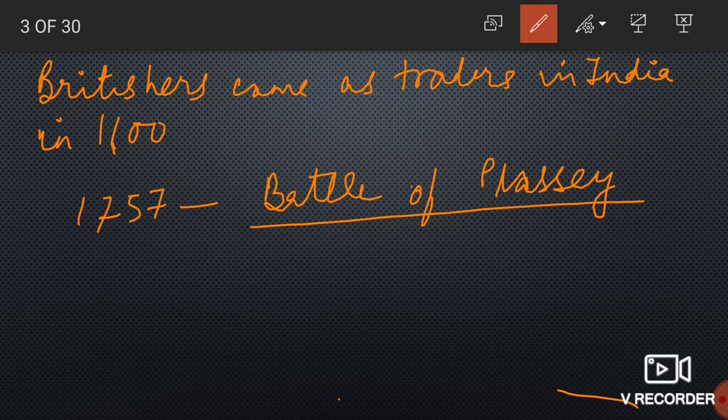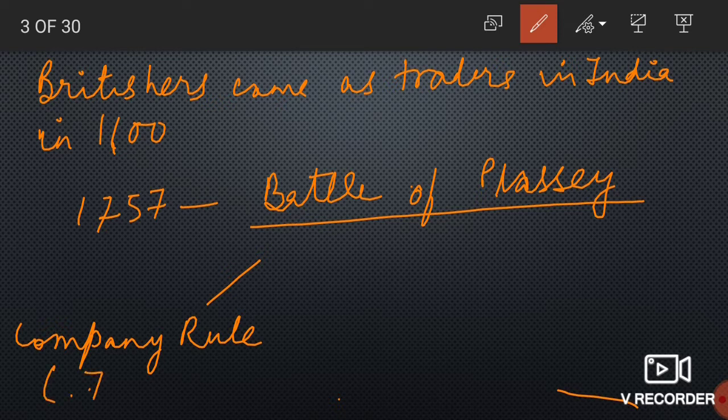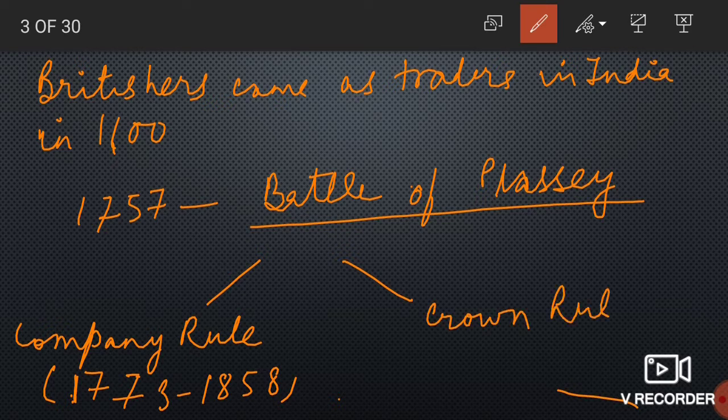So for that they made some acts that are divided into two major headings. One was the Company rule, from 1773 to 1858, and the other was the Crown rule, whose time period was from 1858 to 1947, until India achieved freedom.